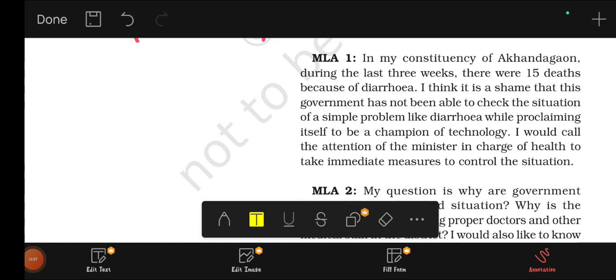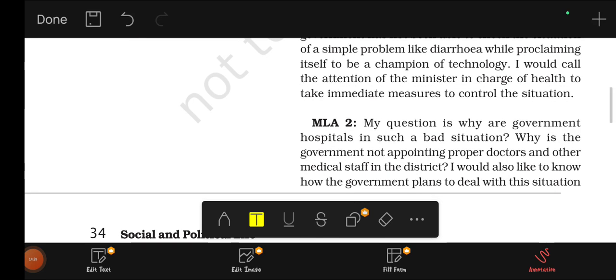I think it is a shame that this government has not been able to check the situation of a simple problem like diarrhea while proclaiming itself to be a champion of technology. I would call the attention of the minister in charge of health to take immediate measures to control the situation.